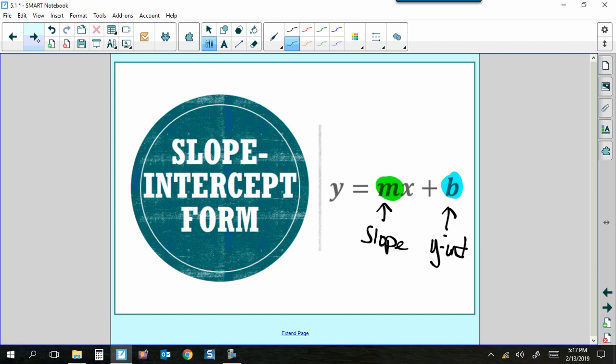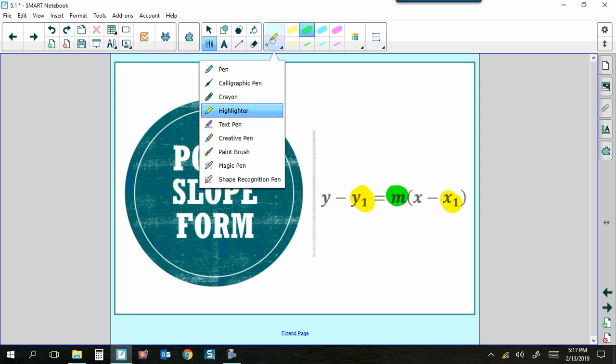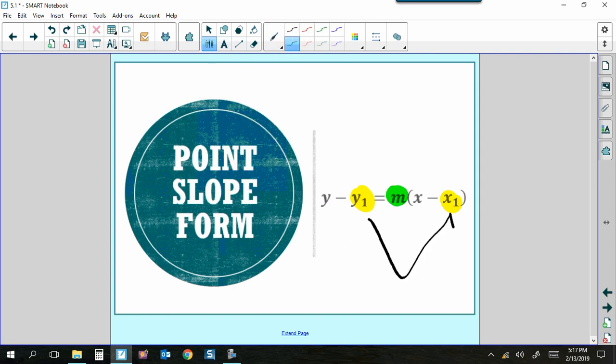All right, and then we have our point-slope form, which we just talked about. Remember, with point-slope form, you're given a point to use. In this case, it is x1, y1. And you have to also know your slope. So right there, x1, y1 is our ordered pair, and then, of course, m is our slope.